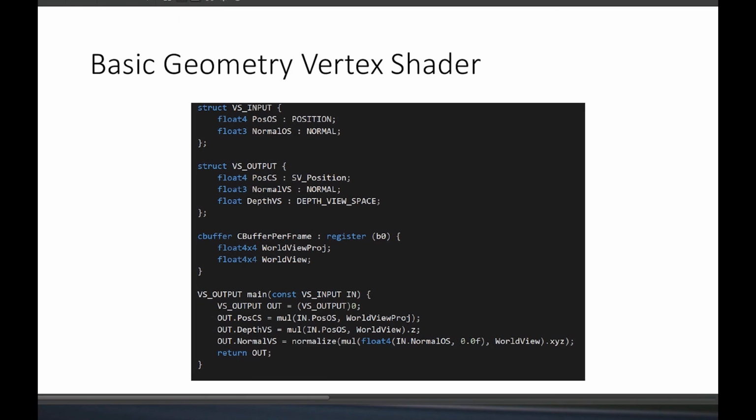The depth is the z coordinate in view space in this case. My constant buffers, that are the uniforms in OpenGL, are going to store the worldviewprojection matrix and the worldview matrix. And here I simply multiply. In this shader, I only do space coordinate transformation.